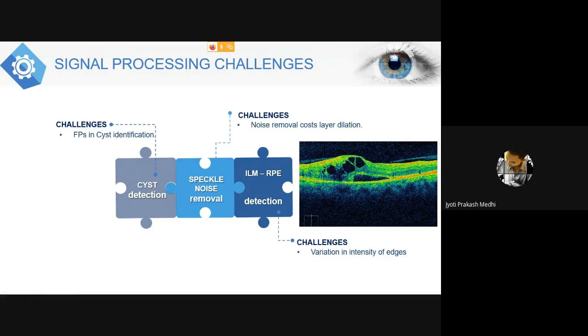In order to eliminate this challenge, we have to go for proper background removal or background filtering, which will help in detecting the cyst regions only. So these are the various challenges that we find in case of detection using fundus and OCT images.